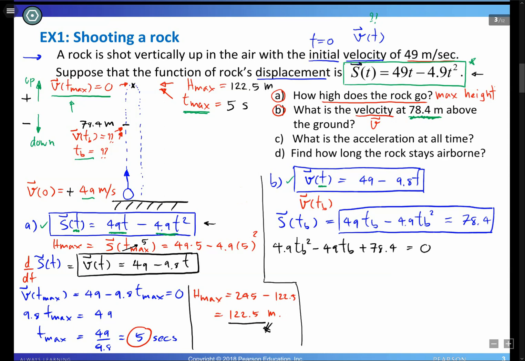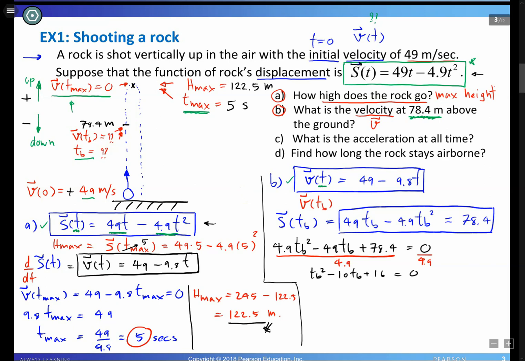And we want to solve this. First of all, I want to divide both sides by 4.9. What do I get here? I get TB square minus 10 TB plus, this one, 78.4 divided by 4.9, I get 16, equal to 0.